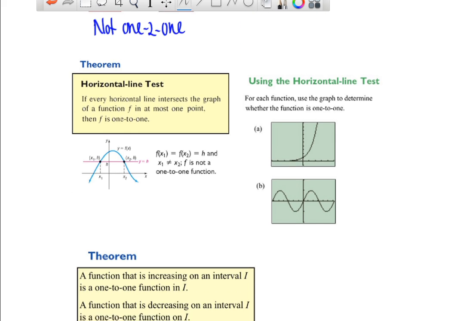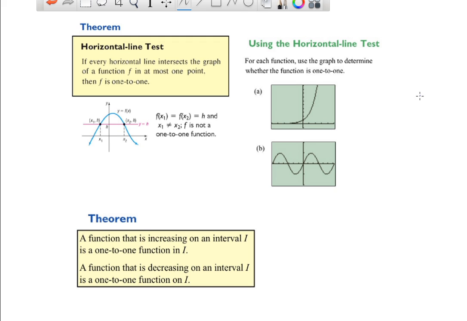Okay, and that leads us to a new kind of test, the horizontal line test. The horizontal line test is designed to determine if a function is one-to-one. If you draw a horizontal line and it crosses the function in more than one spot, then it is not one-to-one, because it implies that x1 has a y value and x2 shares that y value.